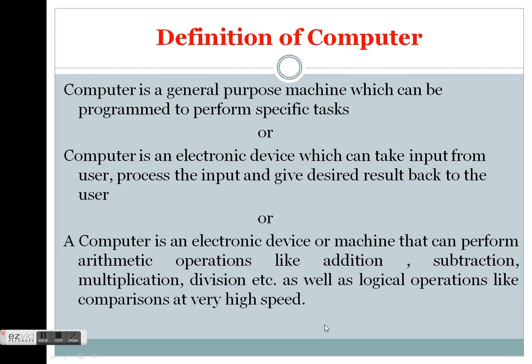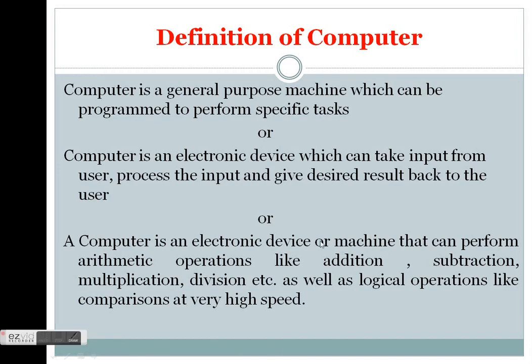Now students, the third definition is that a computer is an electronic device or machine which can perform arithmetic operations like addition, subtraction, multiplication, division, etc., as well as logical operations like comparison at very high speed.